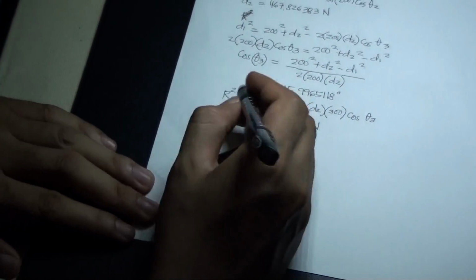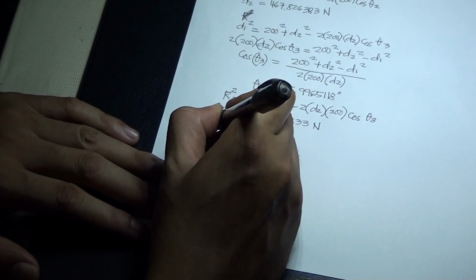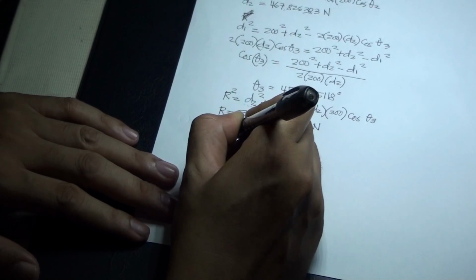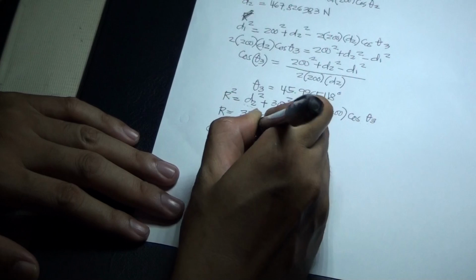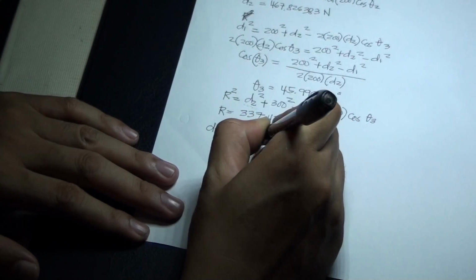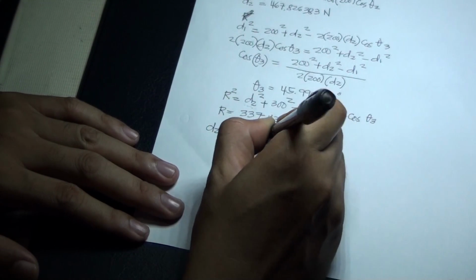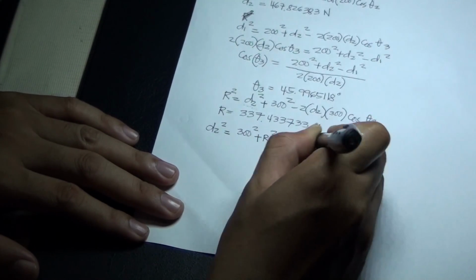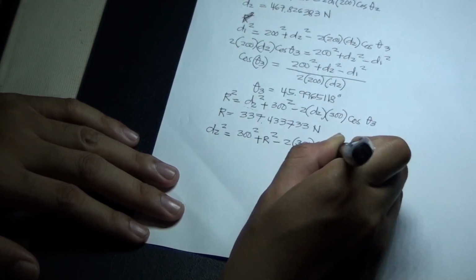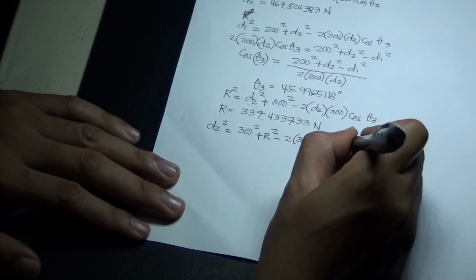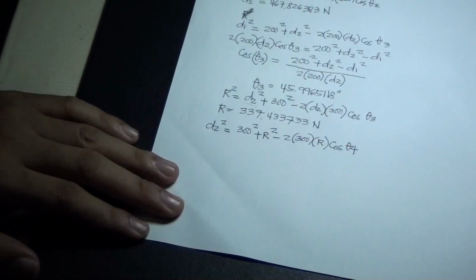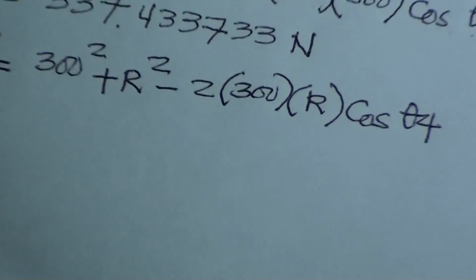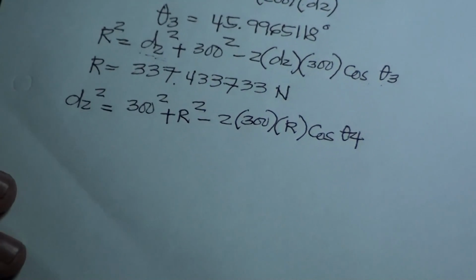So solving now by cosine law, theta sub 4 is opposite to d sub 2. So d sub 2 squared, the remaining sides are 300 squared plus r squared minus 2 times 300 times r cosine theta sub 4, which is to be defined. Here we go.